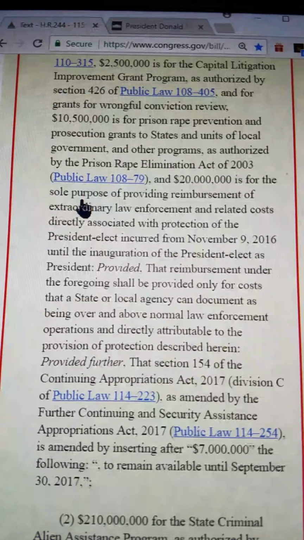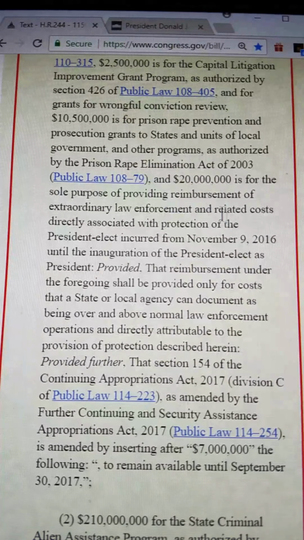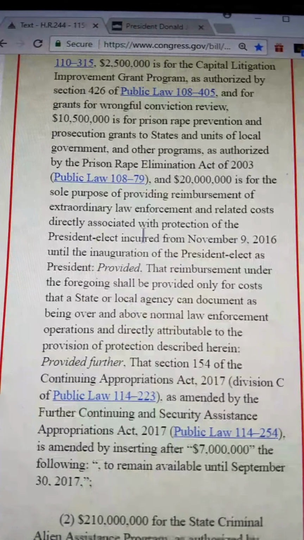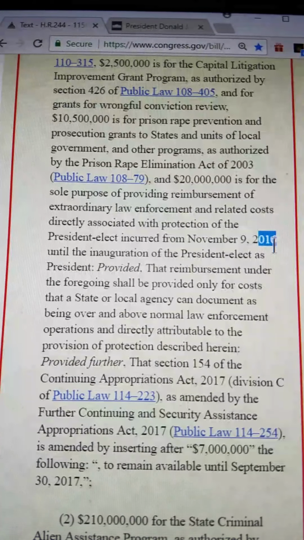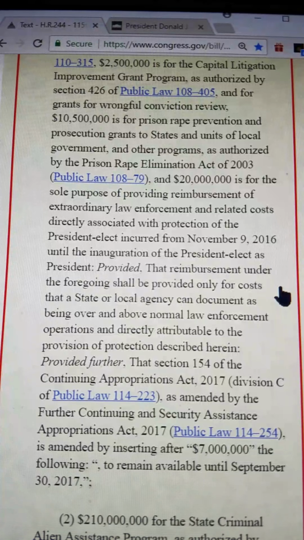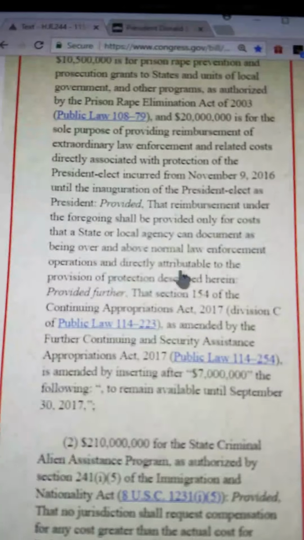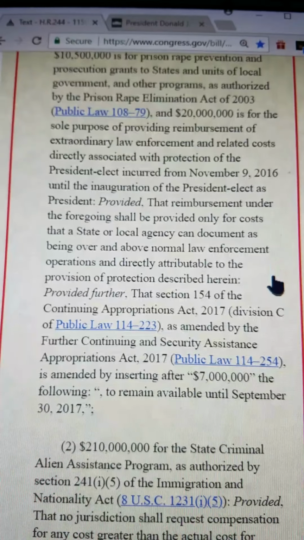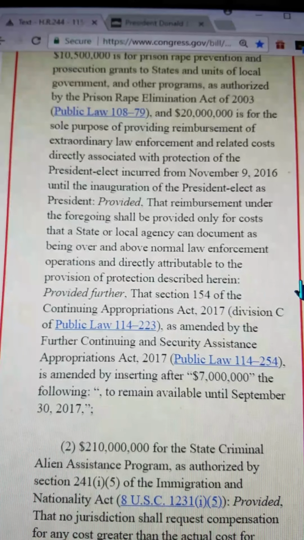$20 million is for the sole purpose of providing reimbursement of the extraordinary law enforcement and related costs directly associated with the protection of the president-elect incurred from November 9, 2016 until the inauguration of the president-elect as president, provided that reimbursement under the foregoing shall be provided only for costs that a state or local agency can document as being over and above normal law enforcement operations and directly attributable to the provisions of protection described herein.